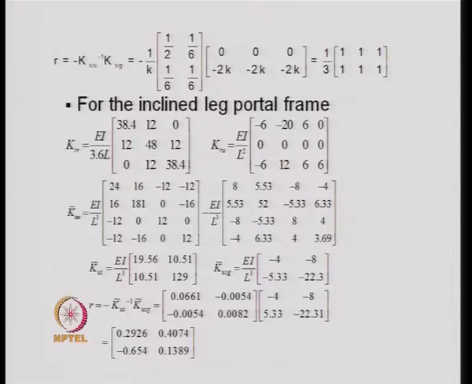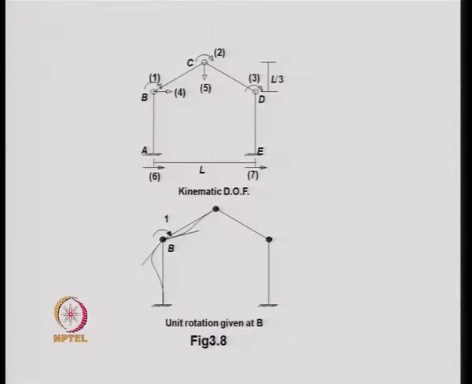Next we take another example to illustrate the same R matrix, that means how we can construct the R matrix for a pitch roof portal frame. In this pitch roof portal frame we have the 1, 2, 3, these 3 degrees of freedom are the rotational degrees of freedom, and the 4 and 5 are the translational degrees of freedom.